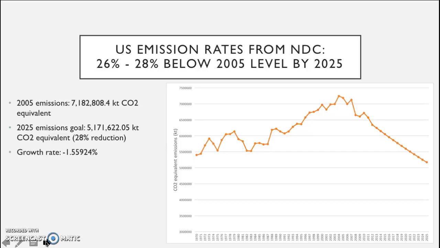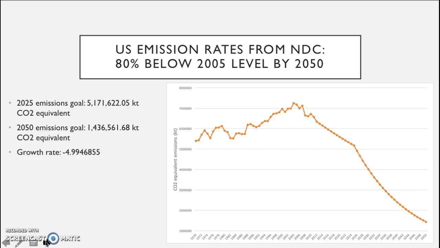That's that 28% reduction. So I ran that same calculation that I've already shown and got a negative 1.56 percent growth rate needed for the emissions of CO2 equivalent between 2012 and 2025 to reach this goal of 28% below 2005 levels.